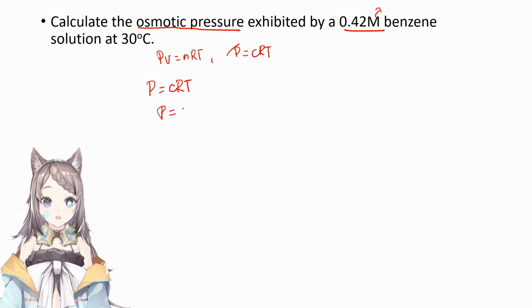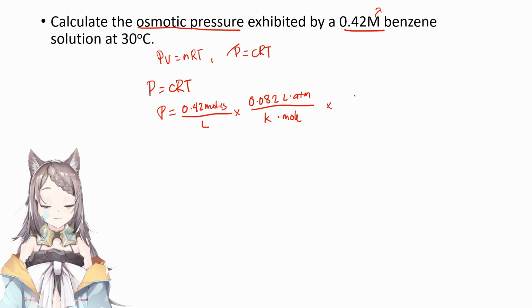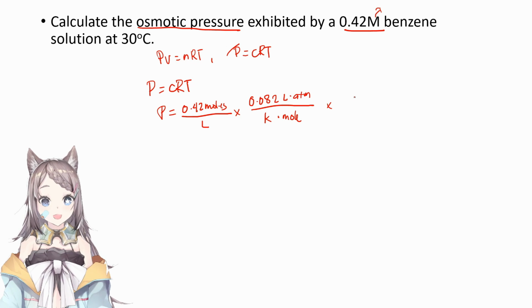P equals 0.42 moles per liter multiplied by our gas constant, 0.082 liter atmosphere over Kelvin mole, multiplied by our temperature, which should be in Kelvin.